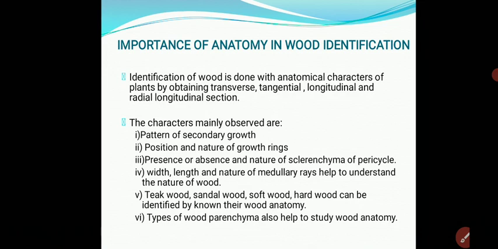The distribution pattern, diameter, and frequency of the vessels as seen in tiers can also be observed. Types of perforation, thickening of vessel, length, and diameter of vessels can also be observed in these anatomical studies of wood. And the type of wood parenchyma also helps to study the wood anatomy.